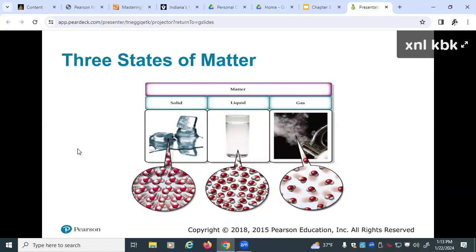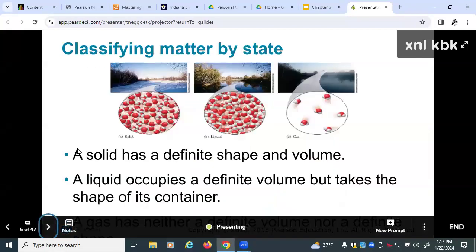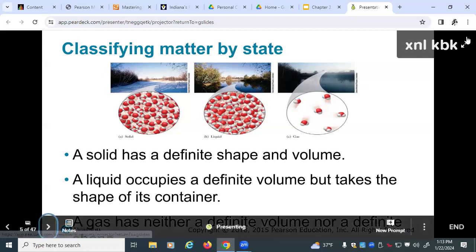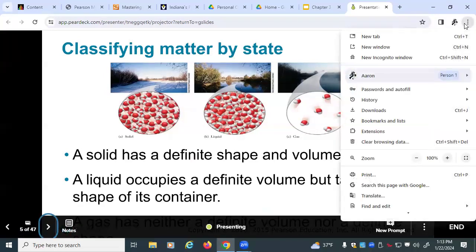However, we don't see plasma very often, and it has very limited circumstances for us. But in those 3 phases of matter, we can look at them a little bit more closely. So, for example, a solid. Solids we can define by the fact that they have a defined shape and a defined volume.